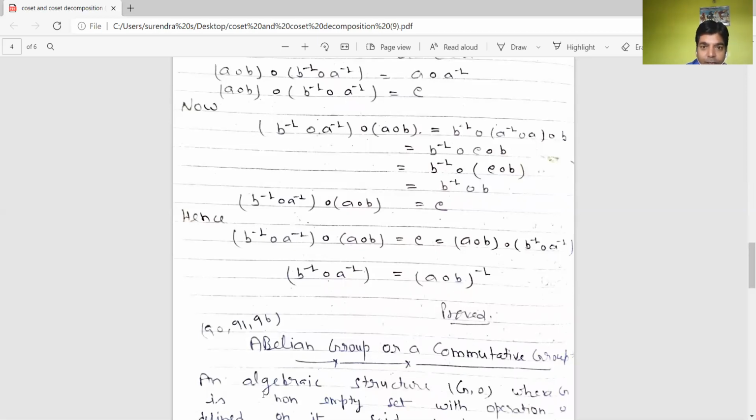Now we will discuss the abelian group or commutative group. What is the abelian group? In the previous lecture, we discussed the properties which are satisfied by the non-empty set G with respect to the binary operation, called the commutative or abelian group.